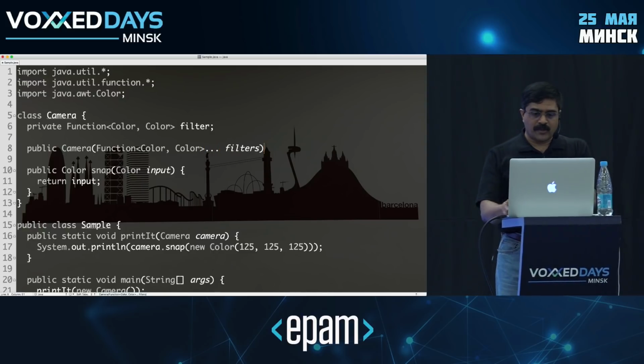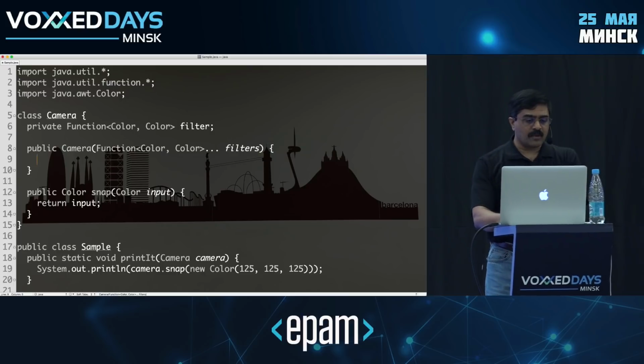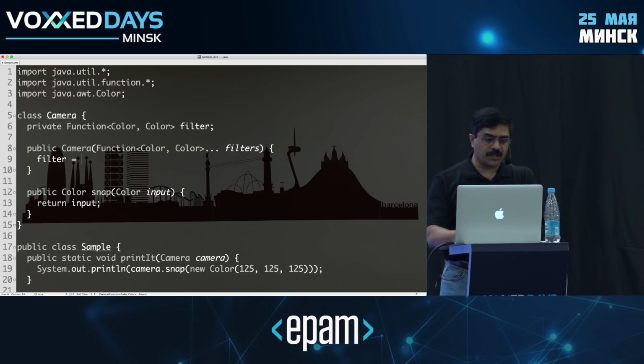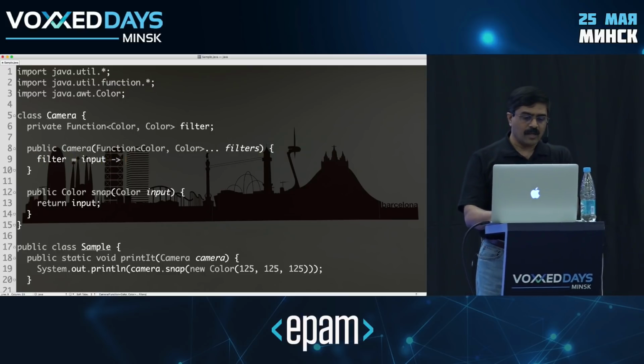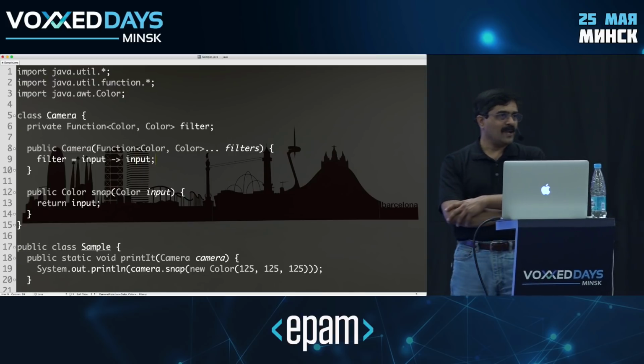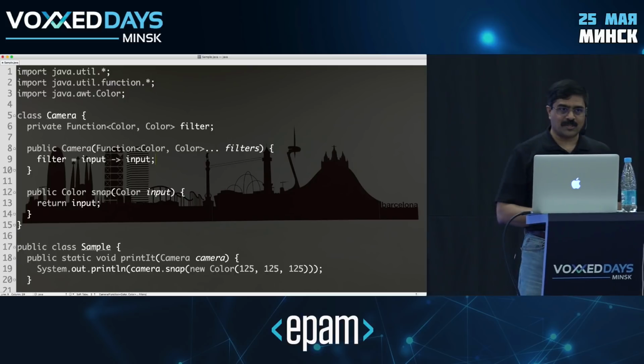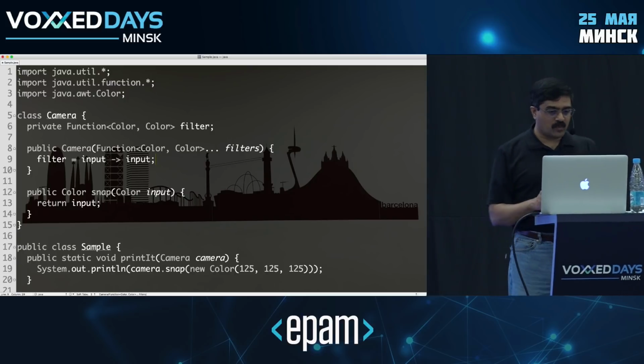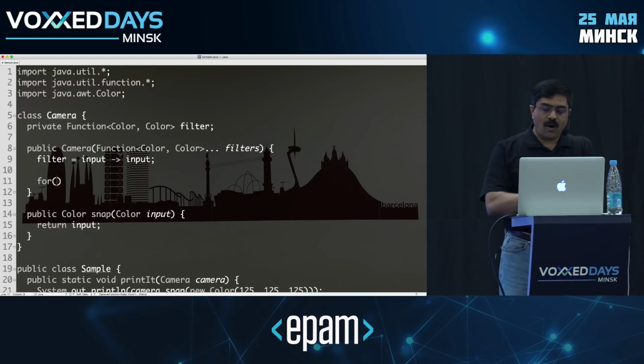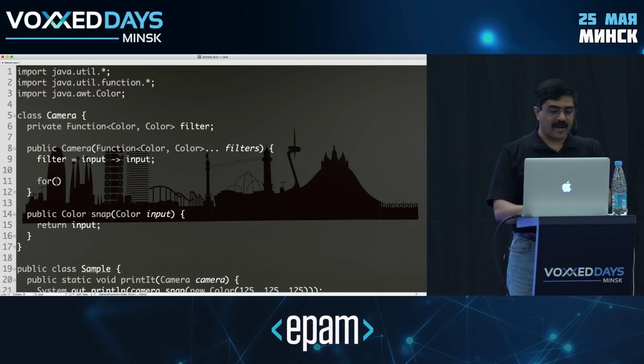And then what am I going to do right in here? The first thing I'm going to do is filter is equal to, given an input, return the input back to me. So I'm assigning a very trivial filter, an identity filter, to this. Given an input, it returns an output. Then I'm going to say for, and you know where I'm going with this, right?